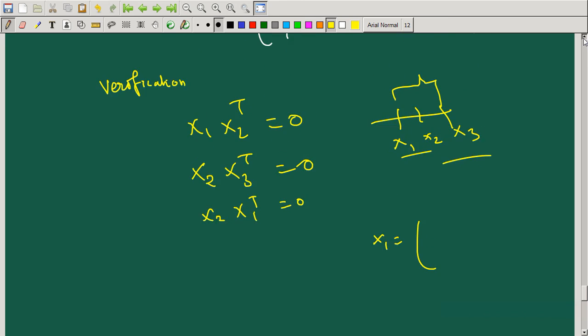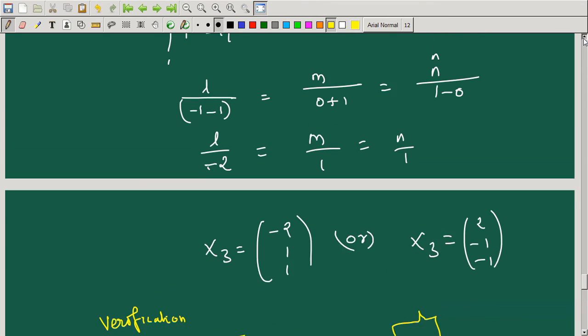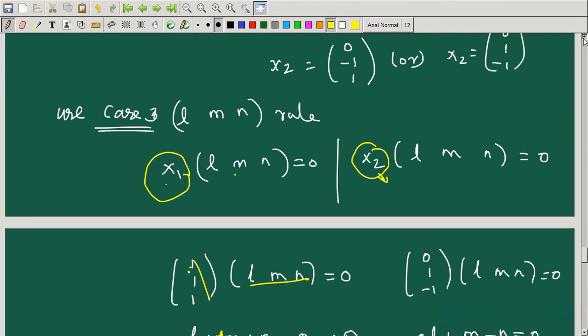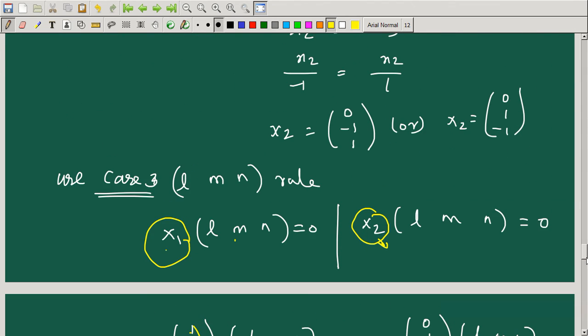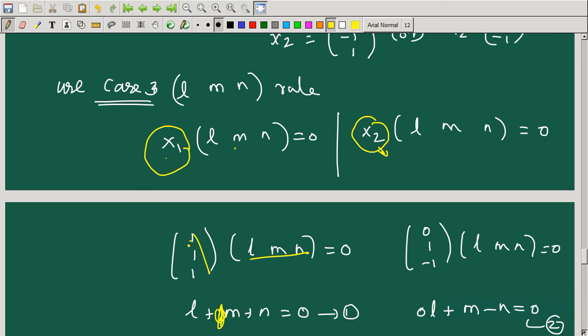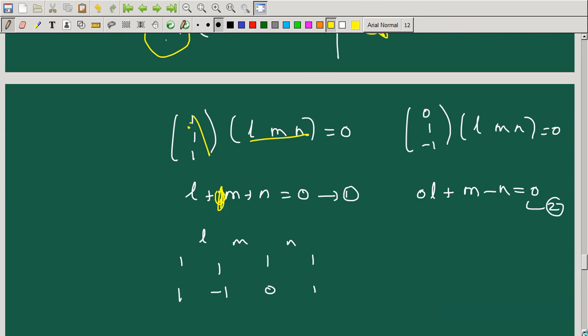Similarly, find x2. The value of x1 is 1, 1, 1, and the value of x2 is 0, -1, 1. So x1 into x2 transpose equal to 0: x1 is 1, 1, 1, and x2 transpose, which is a column matrix, you write as a row matrix, 0, 1, -1.